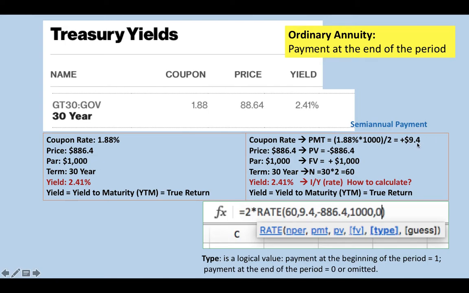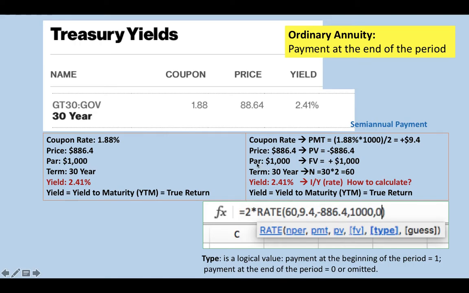The price currently on the market is $886.4 for this $1,000 government bond.